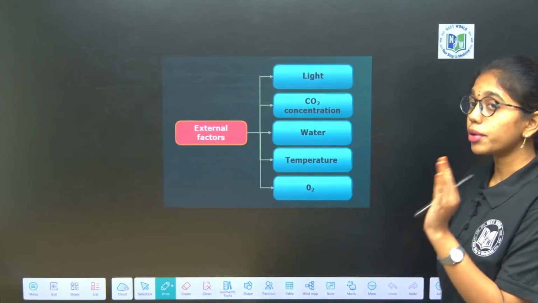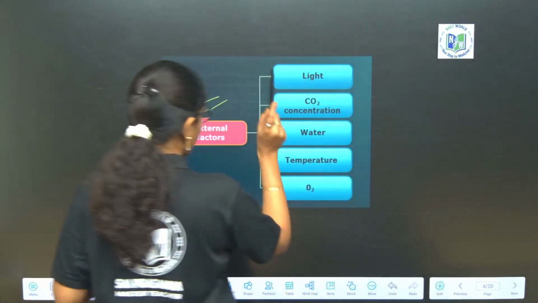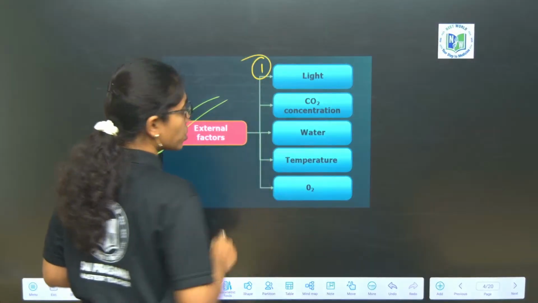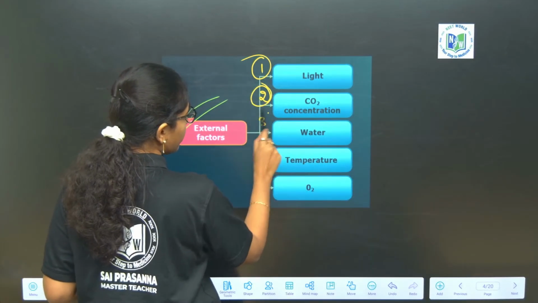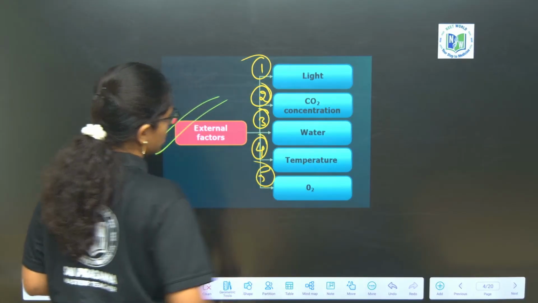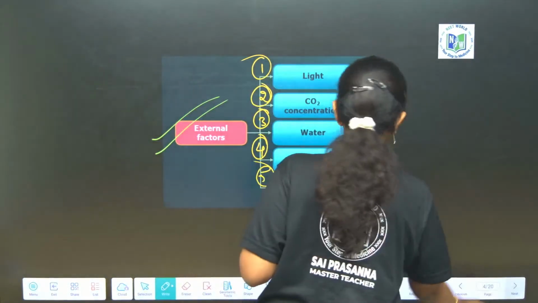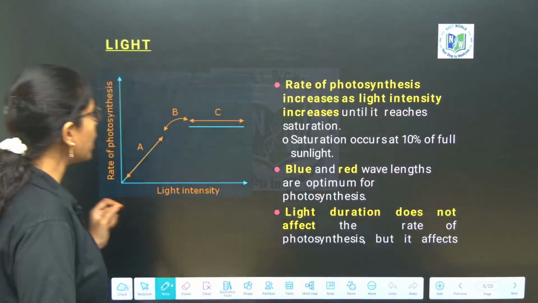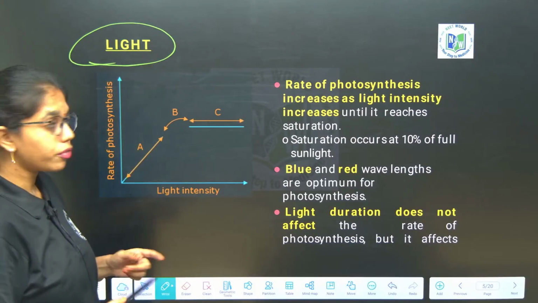Now let us look into the external factors that are affecting photosynthesis. Primarily light is one external factor, second is carbon dioxide, third is water, then temperature, then oxygen. First let us look into light. How can light affect the process of photosynthesis?